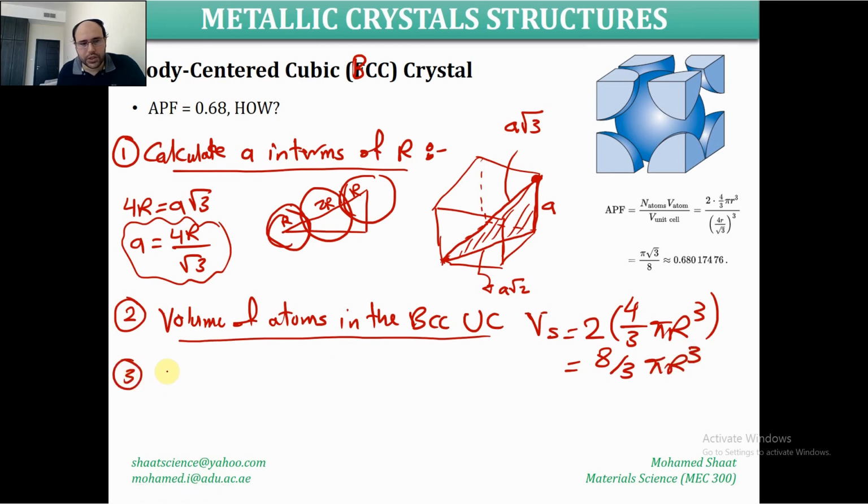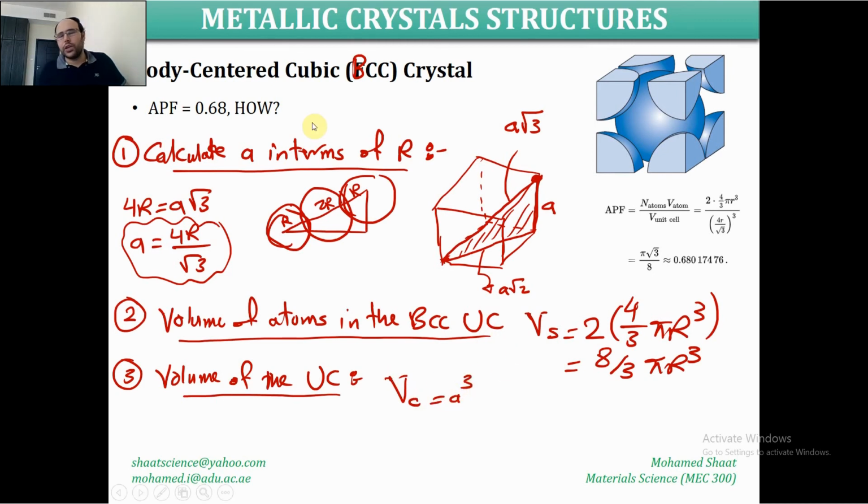Then the third step is just to calculate the volume of the entire unit cell. This volume of the unit cell Vc should equal A cube. Why A cube? Because the volume of any cubic shape is just the cube of the length of the side of this cube, which is going to be A cube, and we already got A in terms of r up there, so this is going to be 4 divided by square root of 3 cube times r cube.